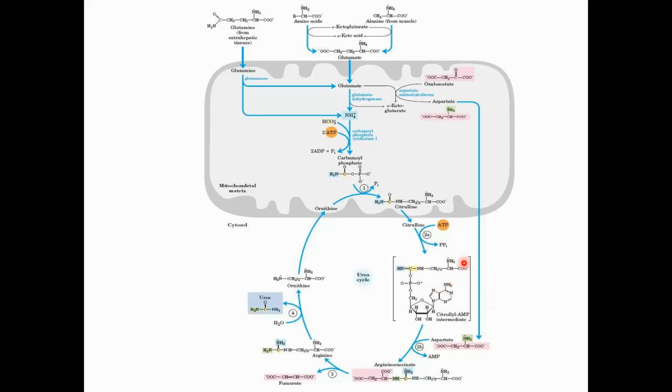Then it uses another amino acid, aspartate. Aspartate and this citrullyl AMP intermediate combine and make argininosuccinate. Argininosuccinate is then split into arginine and fumarate, and arginine releases the urea, making ornithine. The urea is excreted from our body, and this is the complete catabolism of the amino acid glutamine.